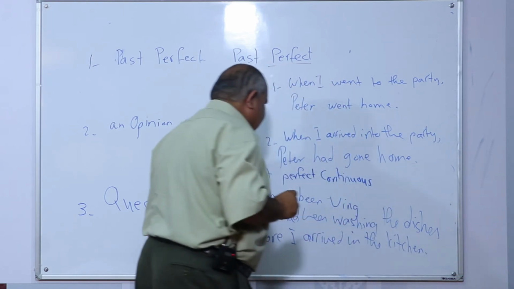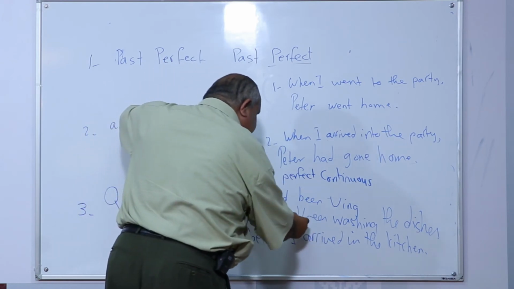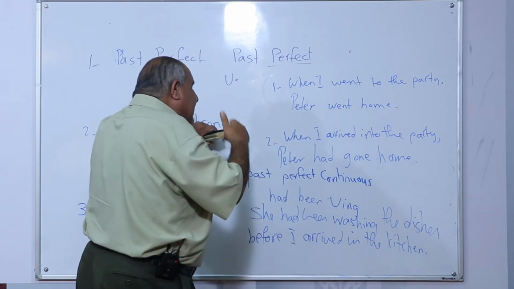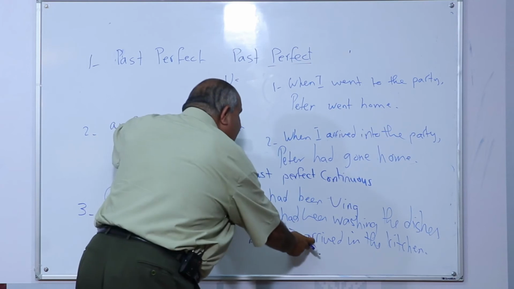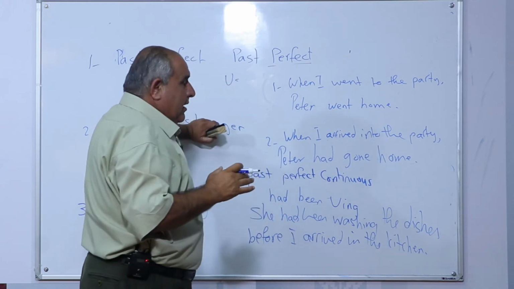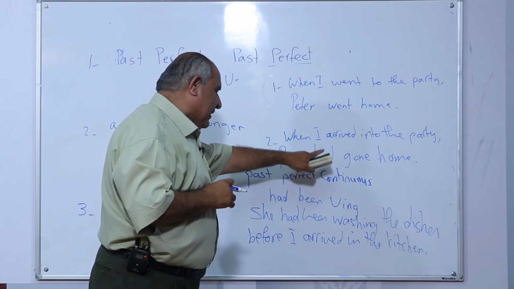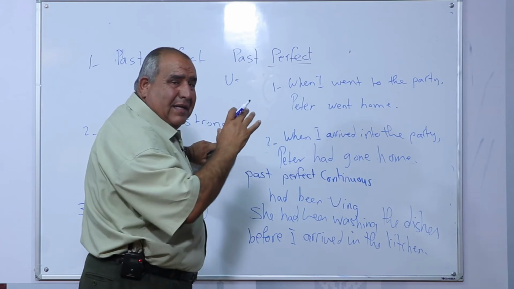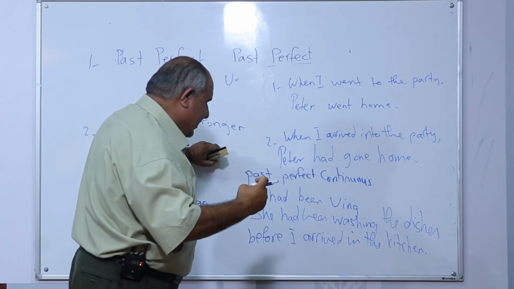Look at this sentence now. These two sentences also mean that she had been washing, that washing the dishes was at a different point of time in the past from my arrival, like the sentence with the past perfect tense. They are at two different times, one in the very past, and the second after it in the past simple tense.